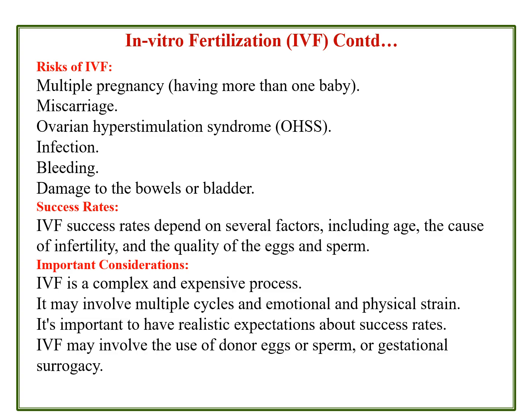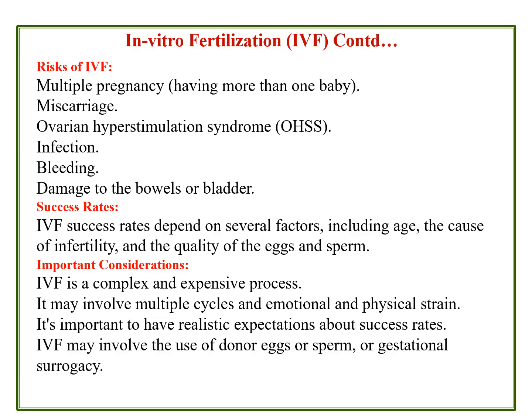Multiple pregnancy. Since once you isolate a number of embryos or eggs at a time, if they are flooded with the male pronucleus, more than one baby will be there. In such cases, miscarriages can happen.